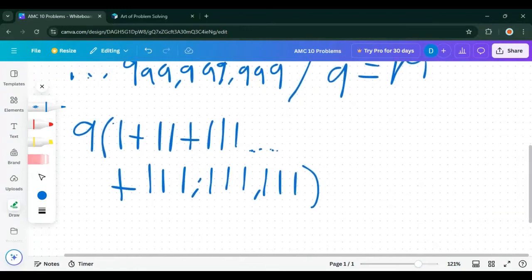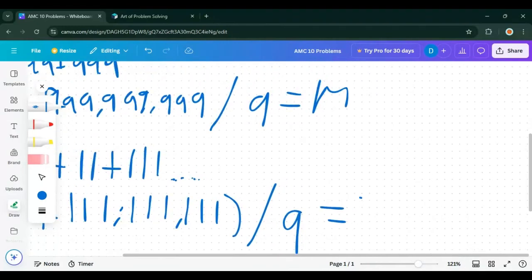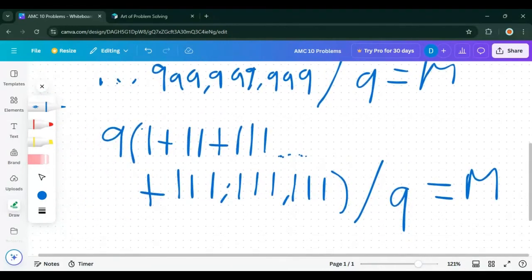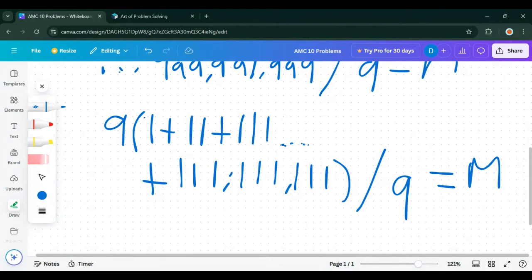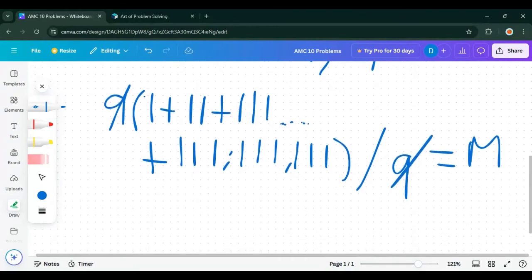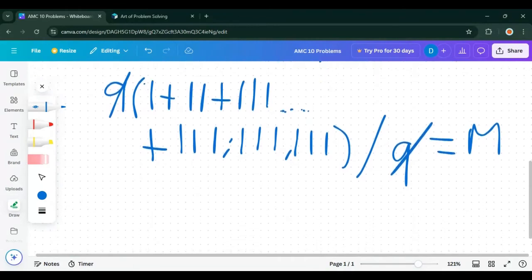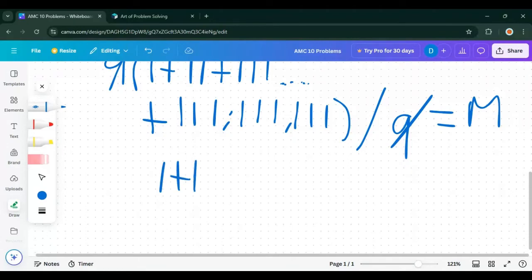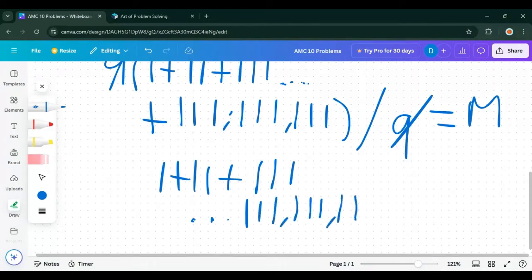And we're dividing this by 9, and we get m. If we're dividing by 9, we can cancel something out. We cancel the 9 in the denominator and the 9 in the numerator, and we get 1 plus 11 plus 111, all the way up to that big number, which is equal to m.